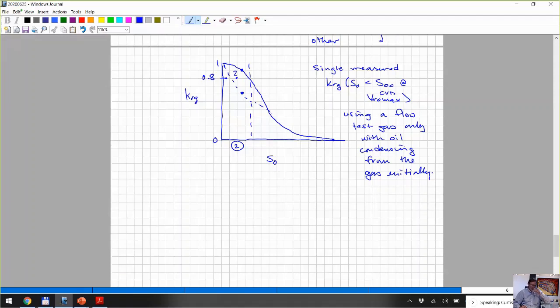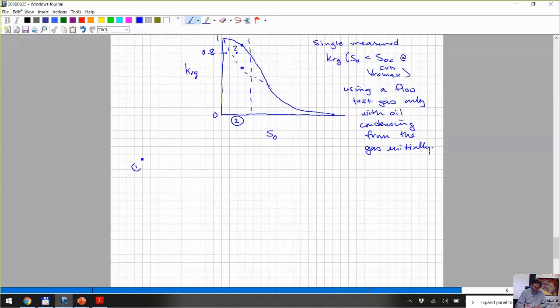So, saturate the core with the original reservoir gas at pressure above the dew point, usually with connate water.